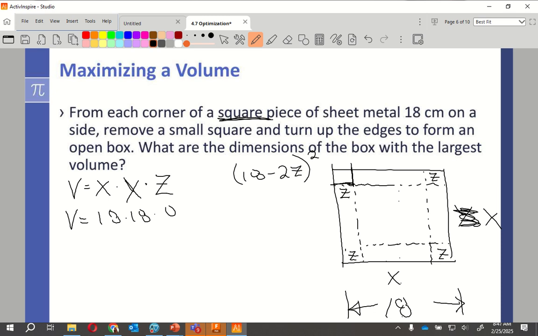Whatever I cut away there gets folded up that amount, so z is my height.